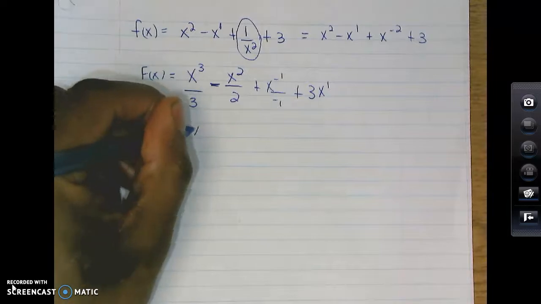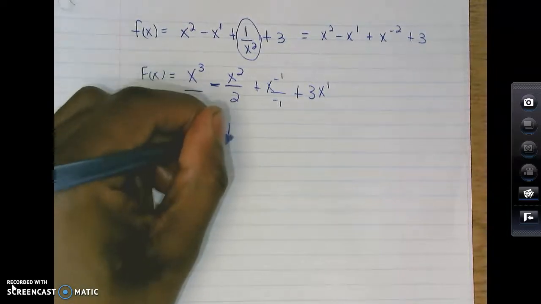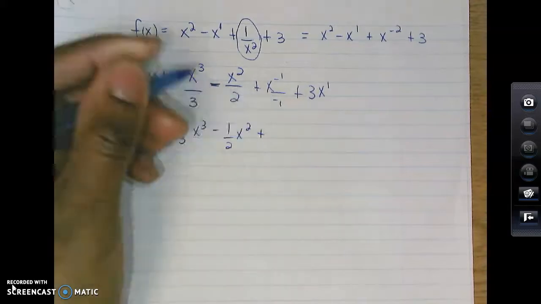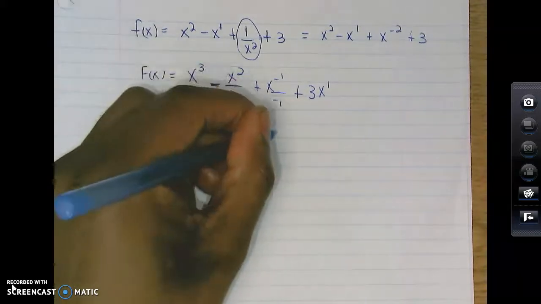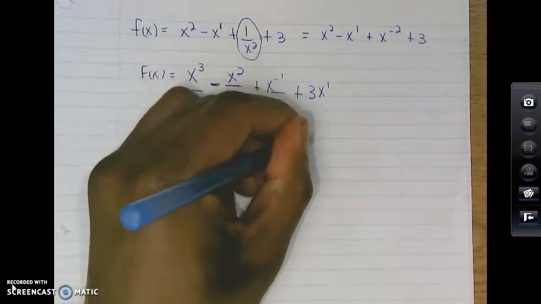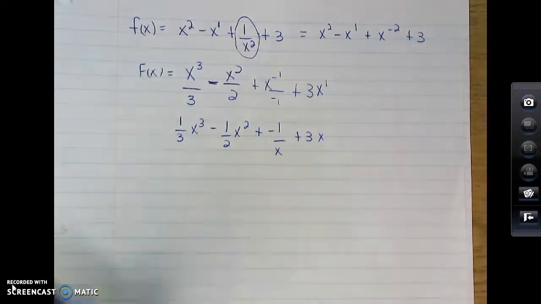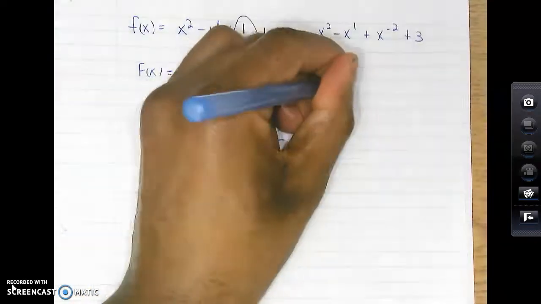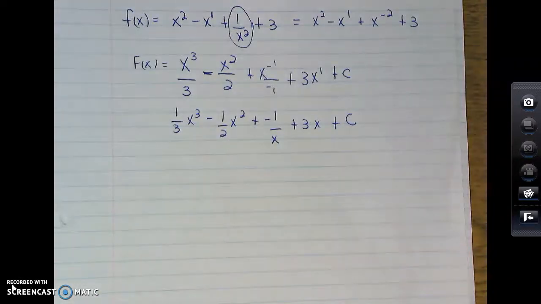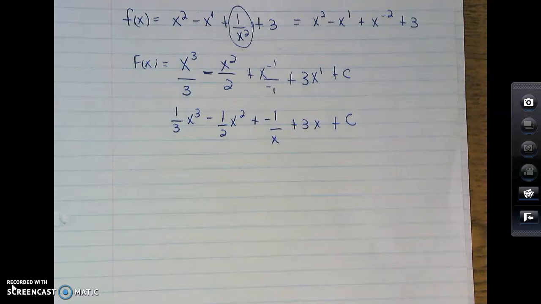So this is 1/3 x cubed minus 1/2 x squared, plus, and you can really do minus because this is going to be negative 1 over x, plus 3x. And don't forget we need to put our plus c on here because when we take the antiderivative, we always need to add the plus c on to the antiderivative. So this is how you do it term by term.